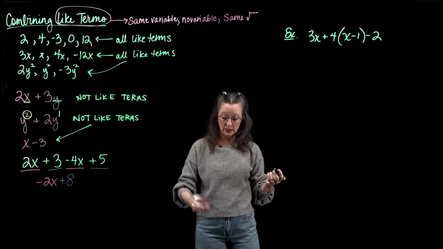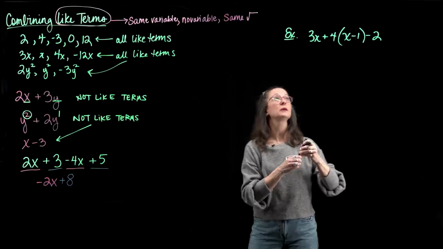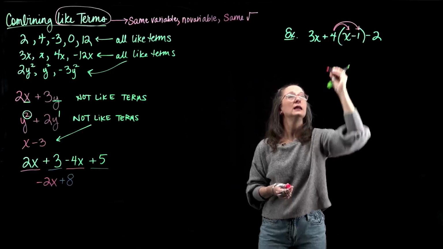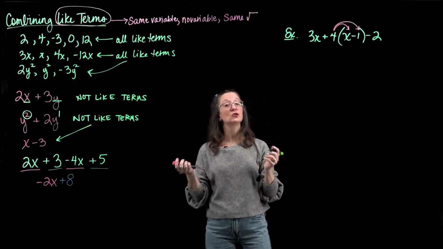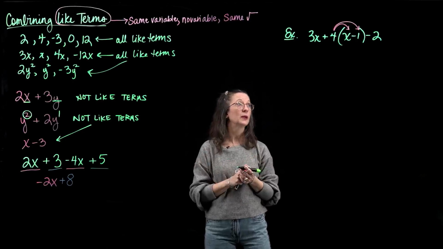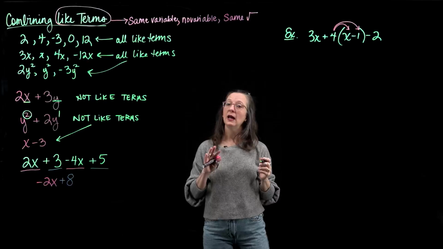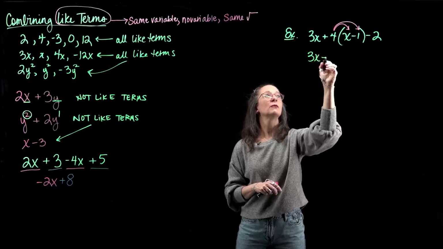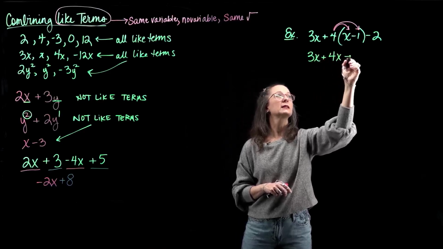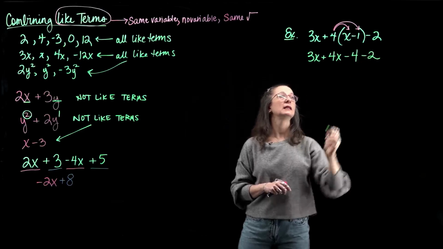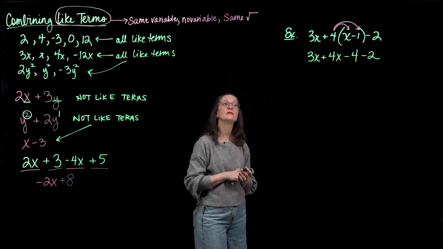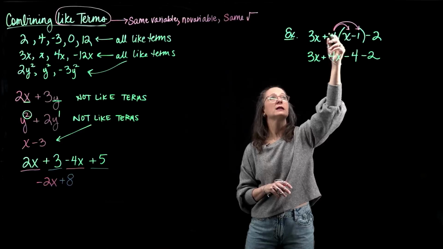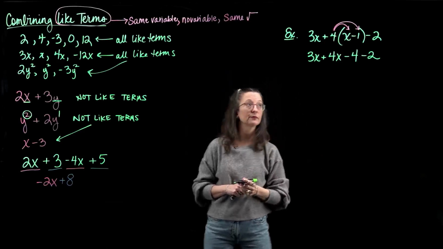So the next thing to do is to do that multiplication of the 4 times everything in the parentheses. So I'm going to distribute that 4 to the parentheses since I can't combine x and minus 1 together. So let's rewrite this. I would have 3x plus 4x minus 4 minus 2. And that 4x minus 4 just came from distributing 4 to the x and to the negative 1.